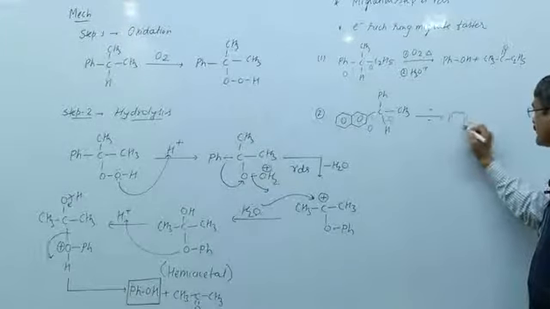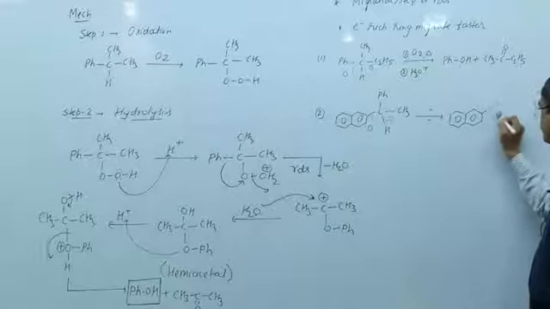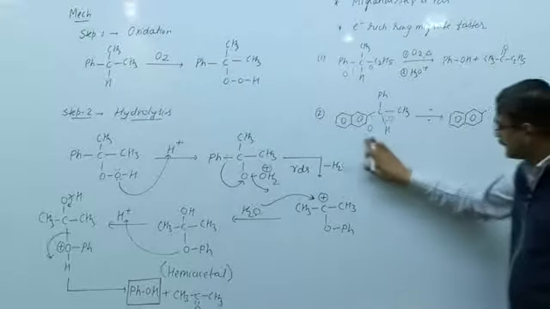So beta naphthol is the major product and the rest, PhCOCH3, that is acetophenone, is the second product.